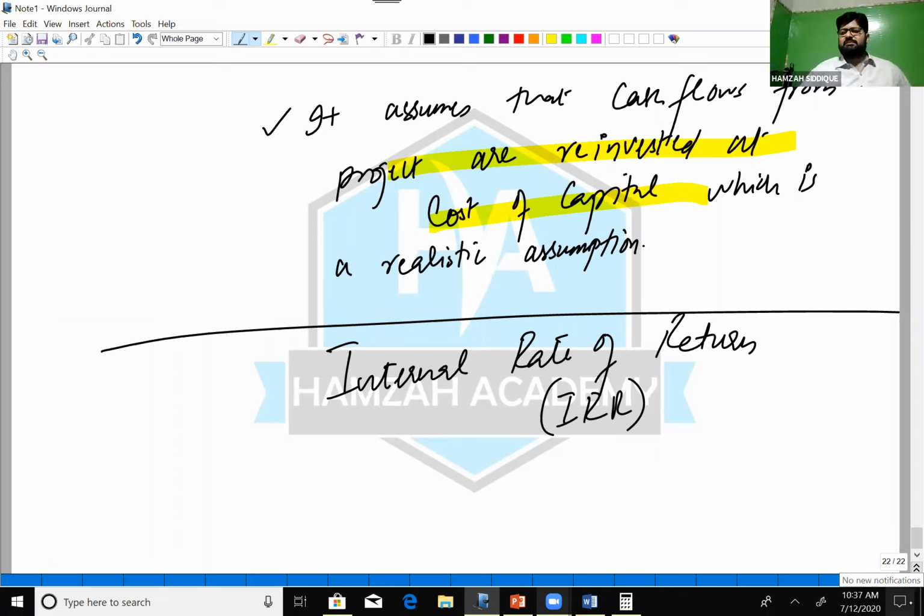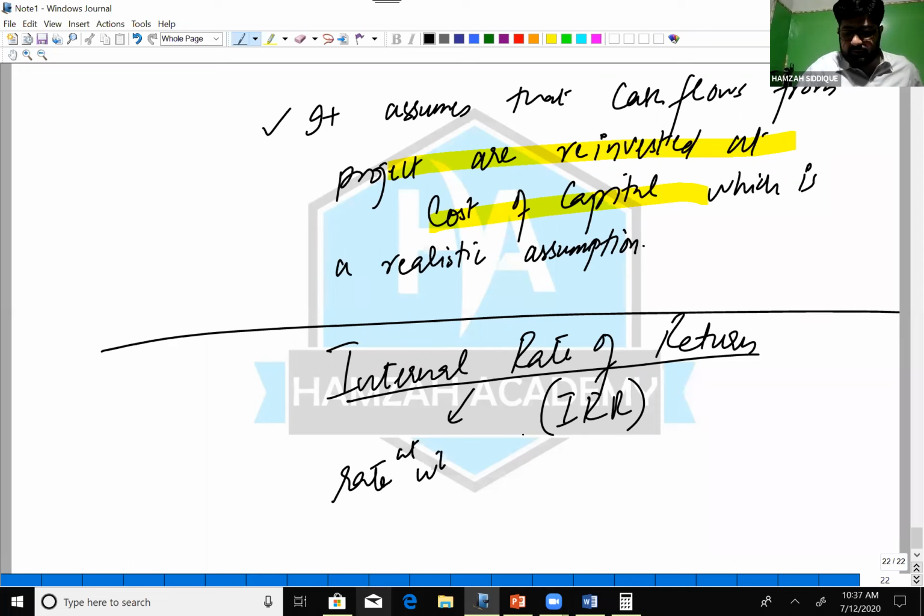Students, IRR is basically a concept. The definition we study, which I do not like too much, but I will write it: the rate at which the NPV of a project becomes zero.